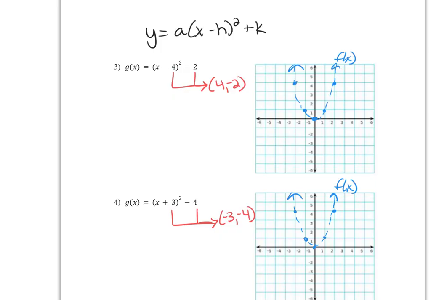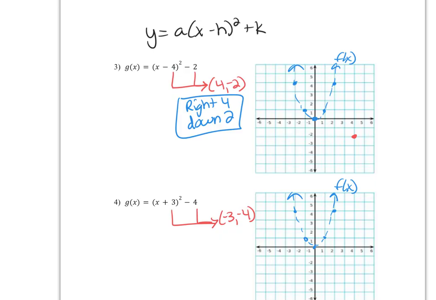So what these mean is that we're moving to the right 4, and we're going down 2. That's our transformation. Okay, so let's go ahead and move our vertex. We have +4, -2. And so I'm going to move every point.